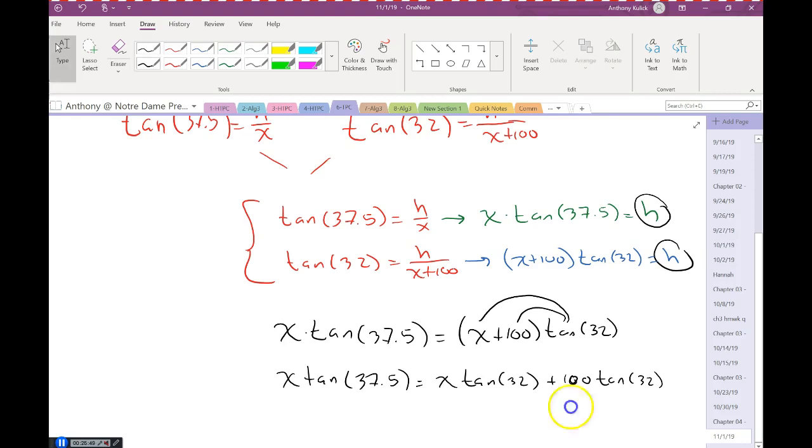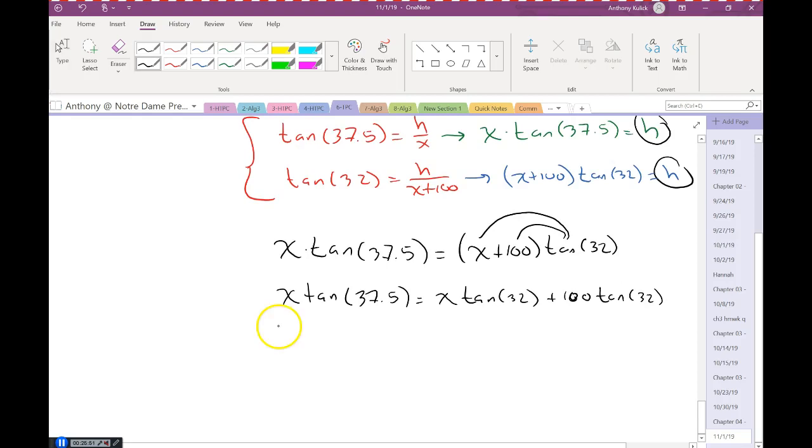Now I'm going to subtract x tan 32 from both sides so that I can move the x's both onto the left-hand side of the equation. Everyone okay there?